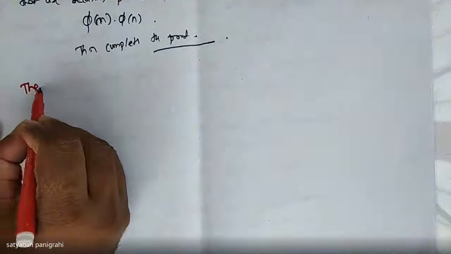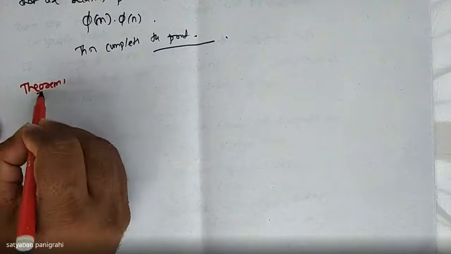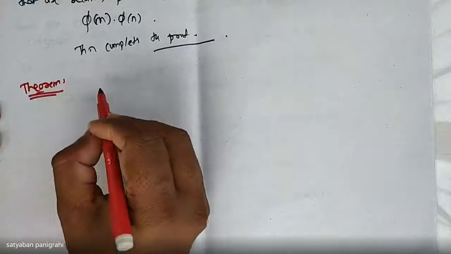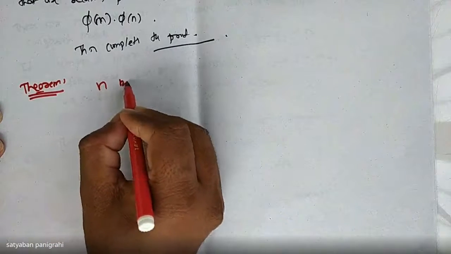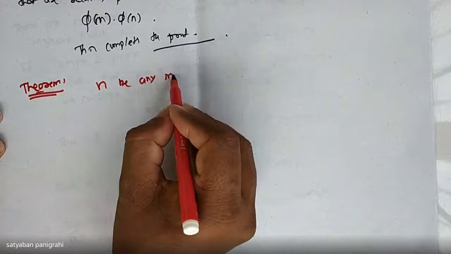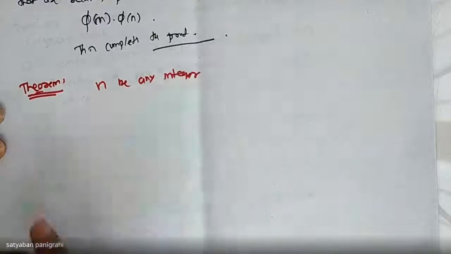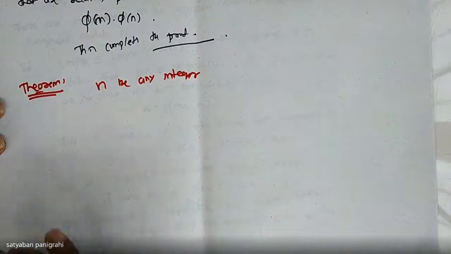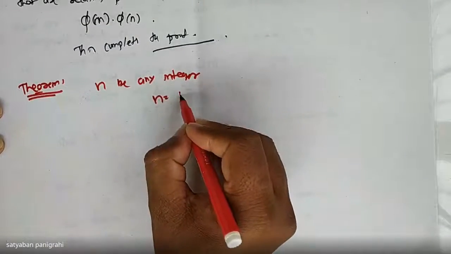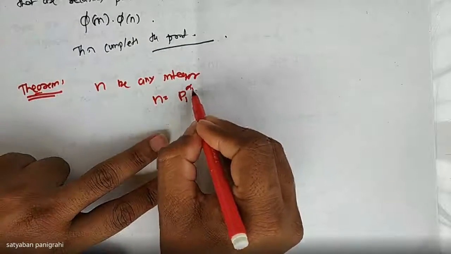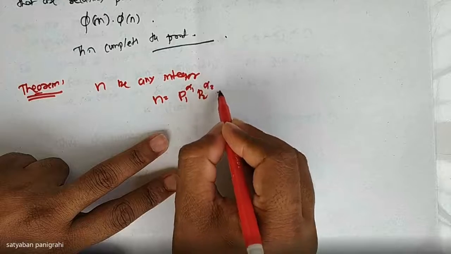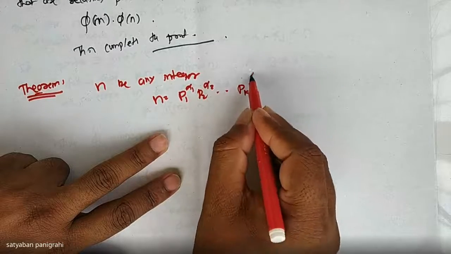You take this one. Knowing this, you can have one theorem. It says, suppose n is any integer, and n has a prime factorization p1 alpha 1, p2 alpha 2 up to pk alpha k.